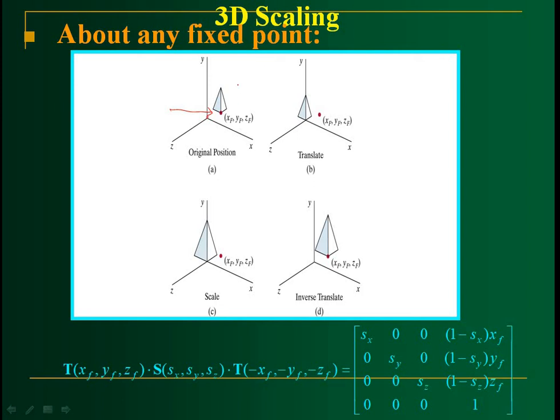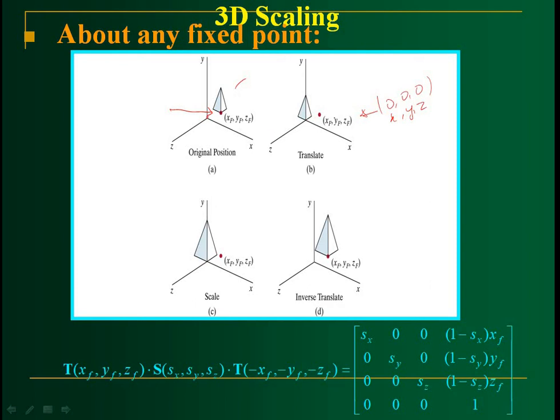This is the original position of the object, so we have to translate this object to the origin. That is, this point has to become 0, 0, 0 on the x, y, and z axes. So we will bring this point down to 0, 0, 0.